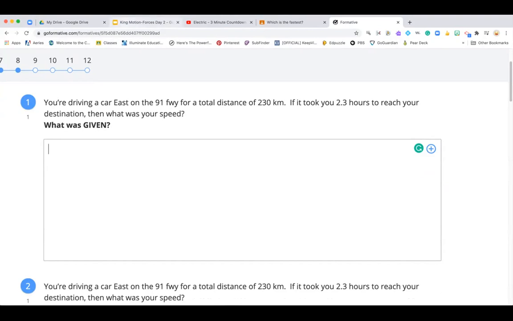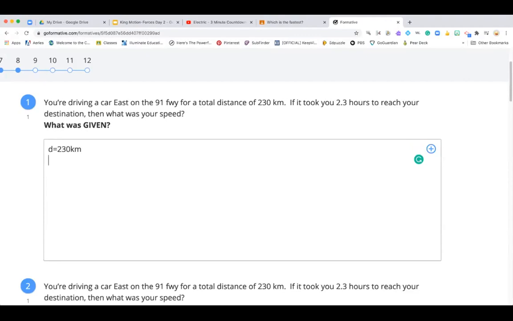Jazzy, give me one thing that was given to you. One thing that was given was the distance. The distance. So I'm going to put D equals. Let me click on here. D equals, distance is 230 kilometers. Ahmed, what else was given to me? The time is 2 hours and 3 minutes.